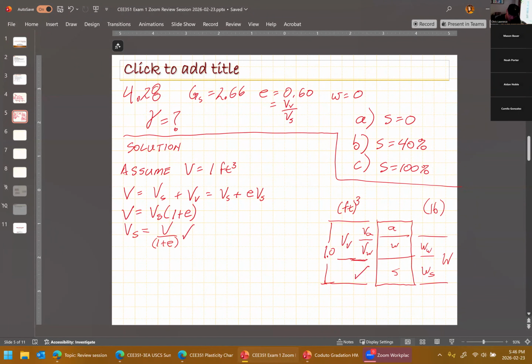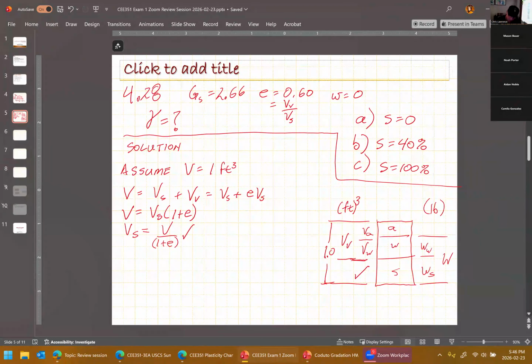The information in the problem, nothing is given that I can put on the phase diagram. None of the 8 quantities are given. That means they're only giving you ratios. They're not giving you any absolute quantities like pounds or newtons or feet or meters. Okay? So if none of them are given, then you can assume one of them.